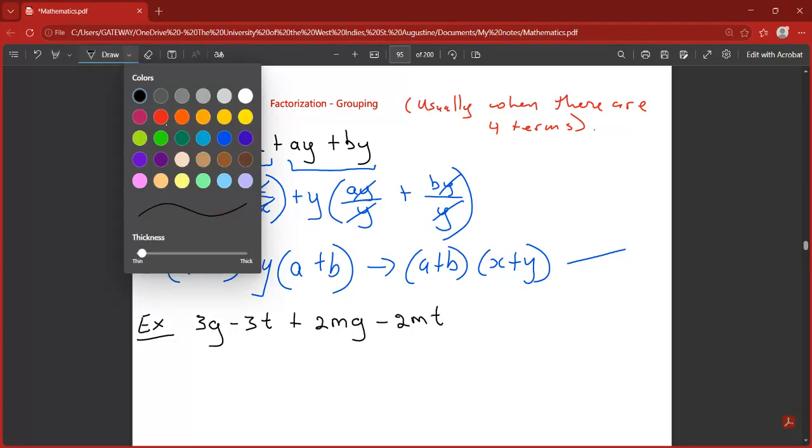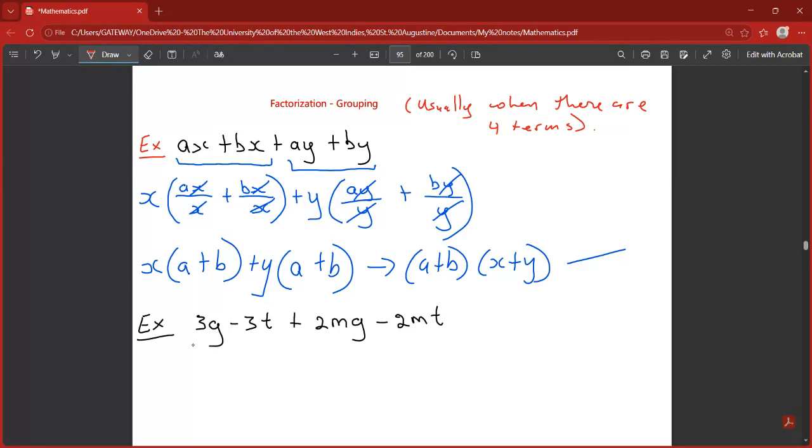We're going to factorize via grouping. So you group the first two terms, you group the last two terms. What is common between 3g and negative 3t? You take out the number 3, open bracket. Divide the first term, 3g, by the number 3. Put your minus sign, 3t divided by the number 3 that you took out in front of the bracket. Put back your plus sign.